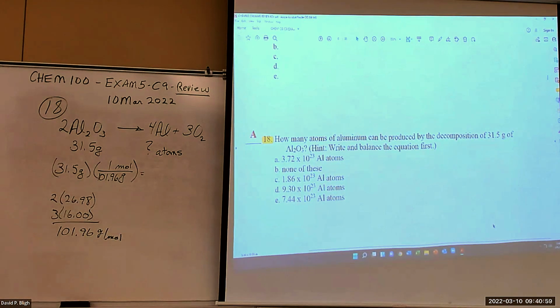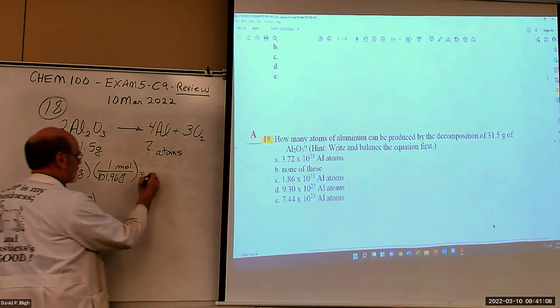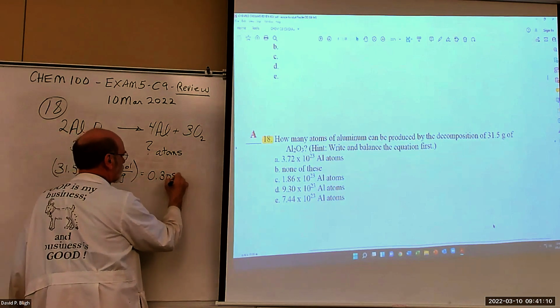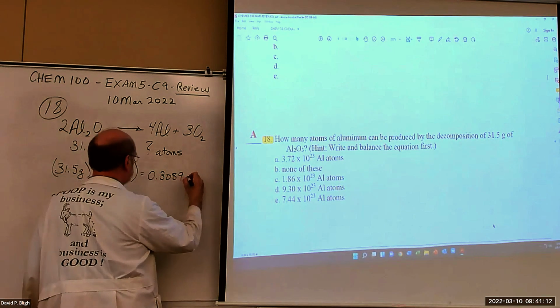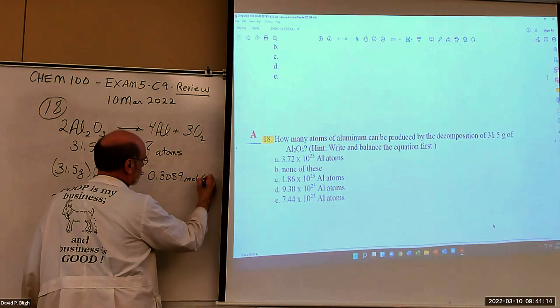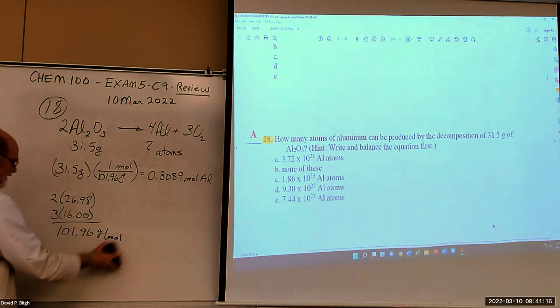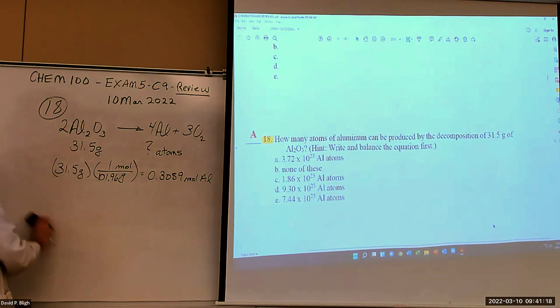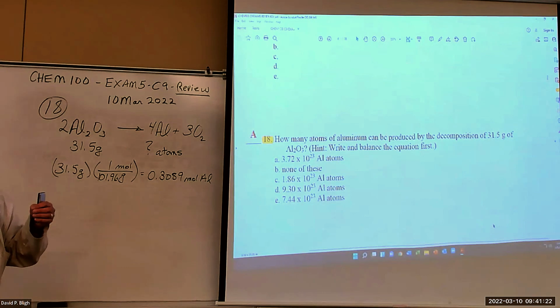Divide that into 31.5. And I get 0.3089 moles of aluminum oxide. Okay. Now, how do we convert moles to atoms? Exactly right.